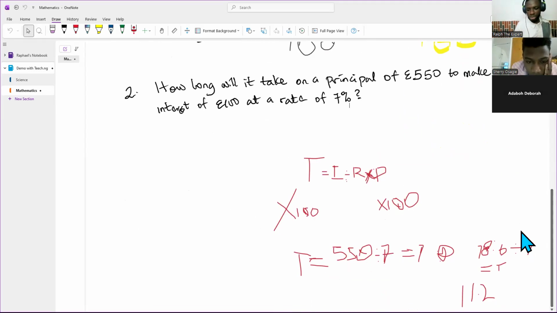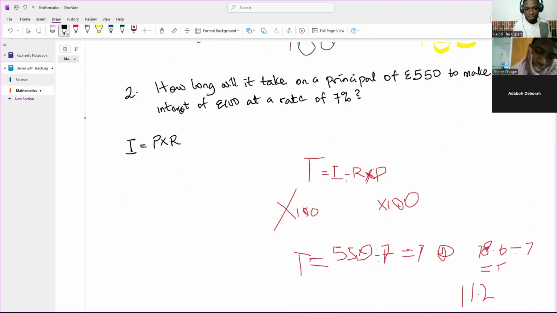The first thing you want to do is make the subject of the formula. So you already have the basic equation here: I equals to, that's interest equals principal times rate times time over 100. Do you get up to this point? Yeah. Now we want to make t the subject of the formula.